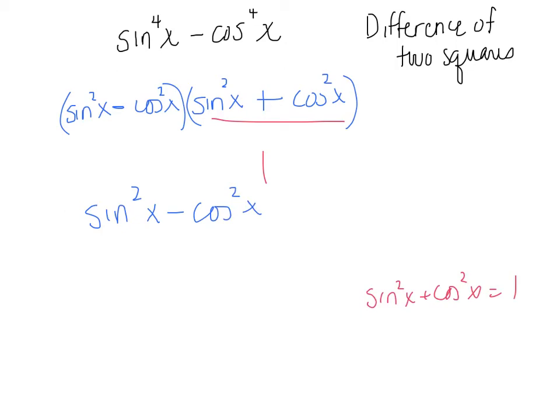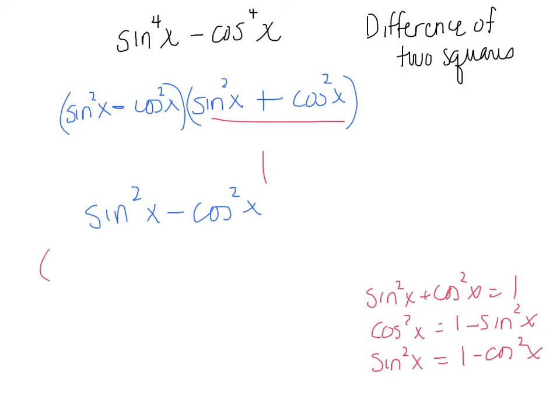Actually, if you needed to change all of that to sine, you could say that cosine squared x was equal to 1 minus sine squared x, and you could substitute for it. You could do the same thing for sine squared x: substitute 1 minus cosine squared x. It depends on what you need here, but you cannot call it 1 because of that minus sign.